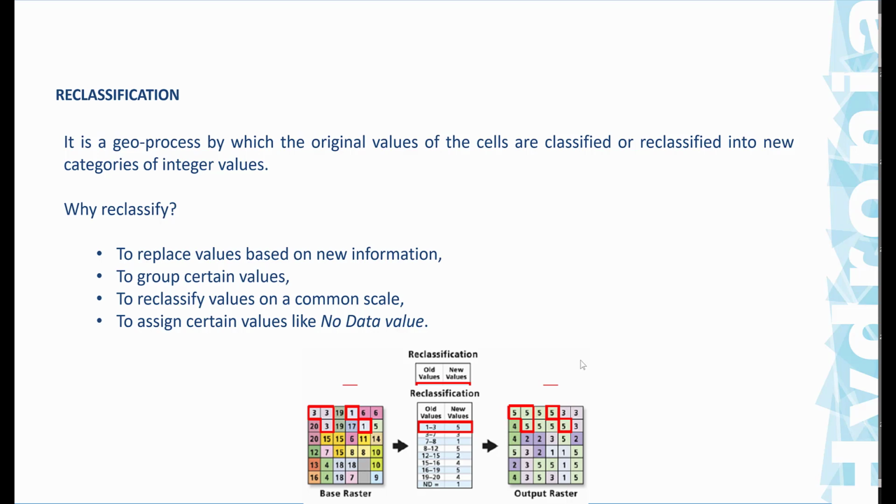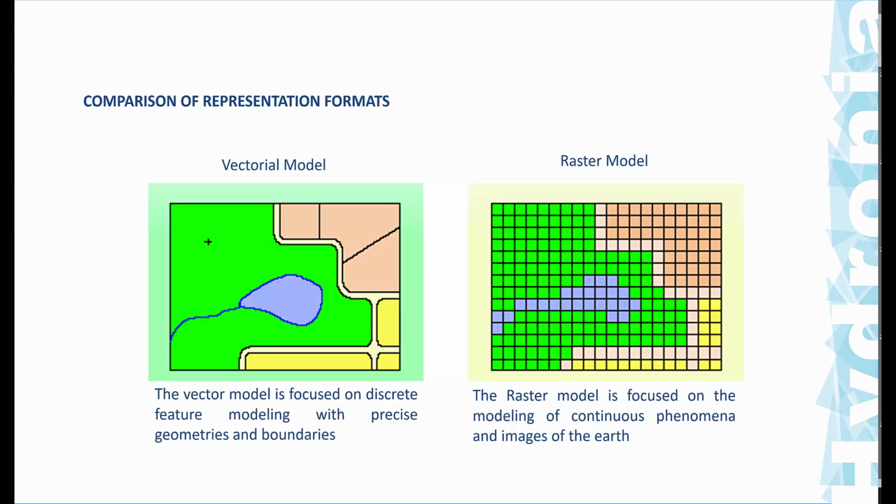Sometimes this is used to replace values with new information, to create groups with similar values, to reclassify values on a common scale, or to assign certain values as no data values, as I mentioned before. So there are many potential applications of this reclassification in the HydroBID Flood system.